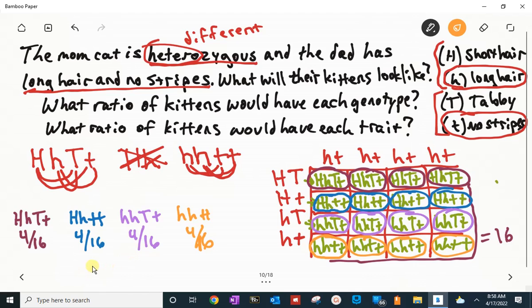Now before, I think you saw me write this a different way. This time I'm writing them like fractions, 4 out of 16, which you can write either way. Since they all have 16 as the bottom of their fraction, because it's all out of 16 squares, we can go ahead and reduce these 4 out of 16 fractions down to 1/4.